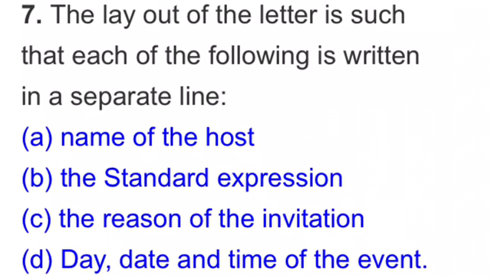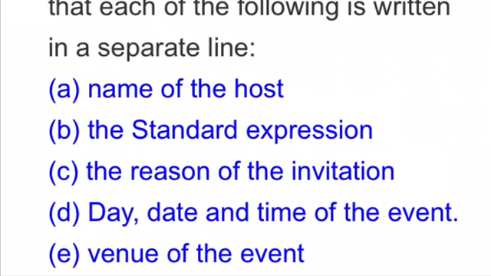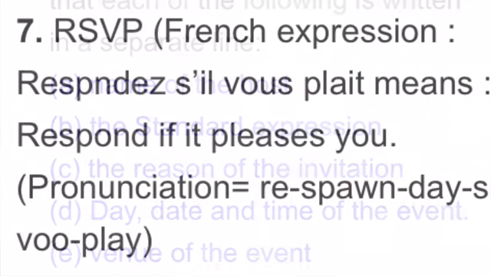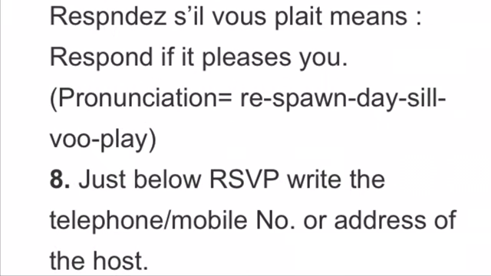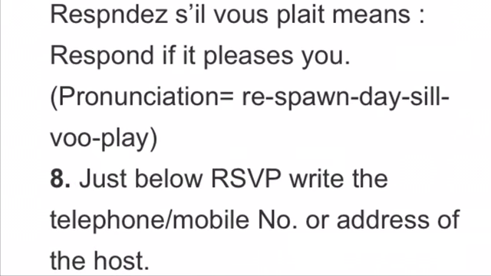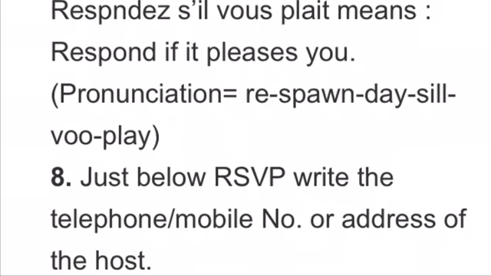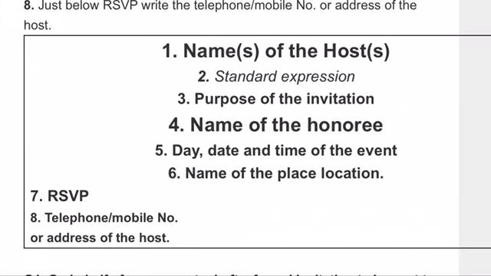And then you must mention the day, date, time and venue of the event. And in the end you will write RSVP in capital letters and the address of the host and the phone number under it. So this is the format of a formal invitation, and here are some samples for you to take a look at.